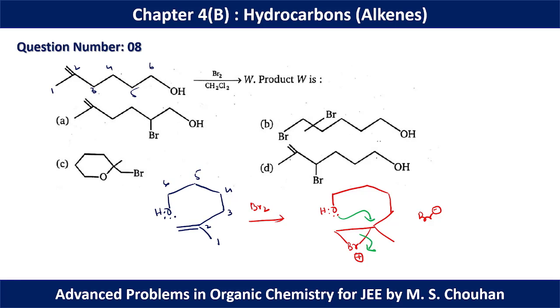Why does this nucleophile approach this carbon? Because the carbocation is more stable in that position, that is the main reason, okay. So basically we are going to form 1 2 3 4 5 6, a six-member ring. So this is 1, this is 2 3 4 5 6, and in 6 we have one methyl group and another CH2Br group, okay. So basically option C is the correct option.